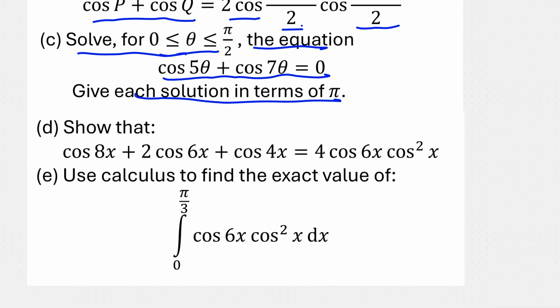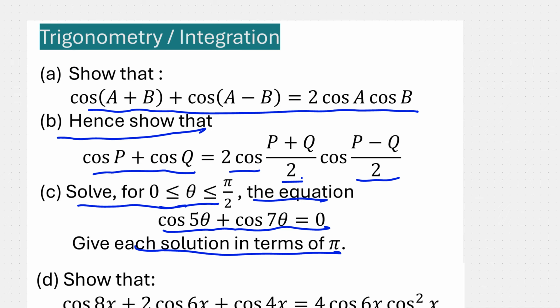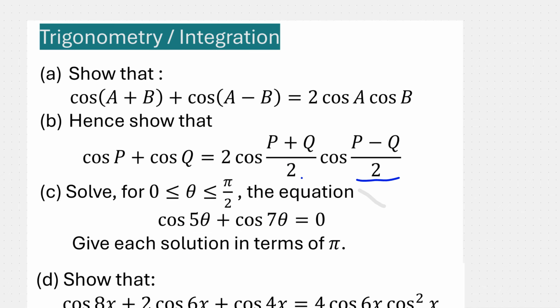So let's start with part A, proving the formula, which is quite straightforward. We're showing that cos(A+B) + cos(A−B).